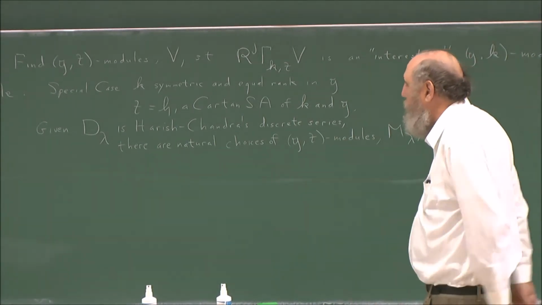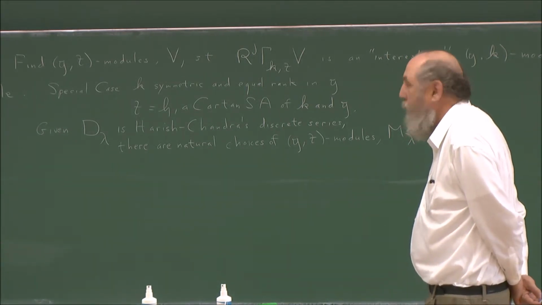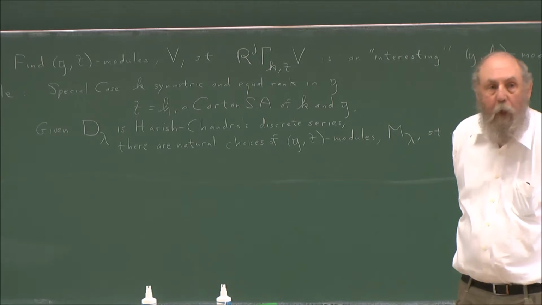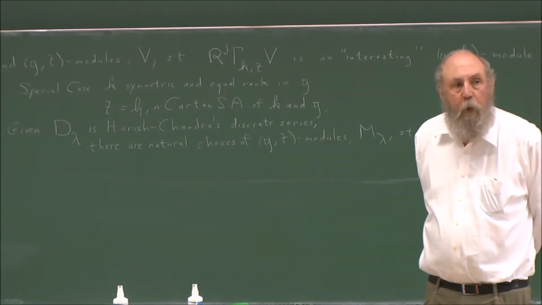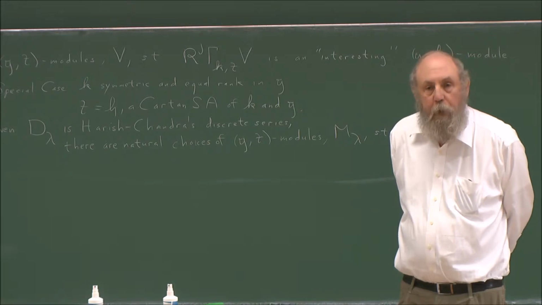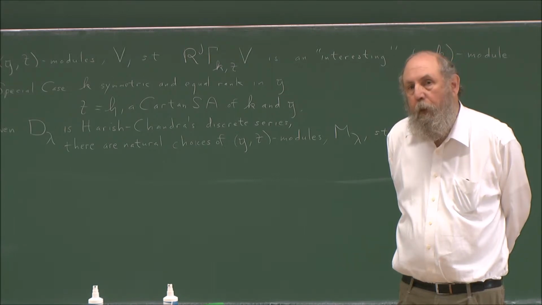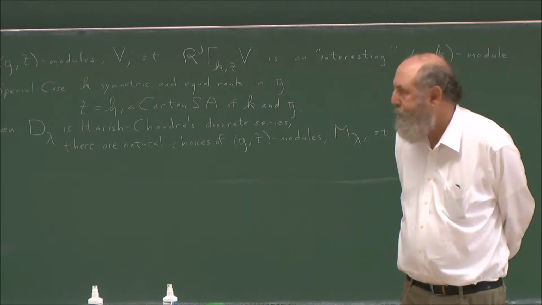Since this is just an example, I'm not trying to write down the theory. What we've seen, the discrete series now is thought of both analytically and algebraically. And by this D lambda, I mean the algebraic module, which is at least implicit in Harish-Chandra's second paper on the discrete series.